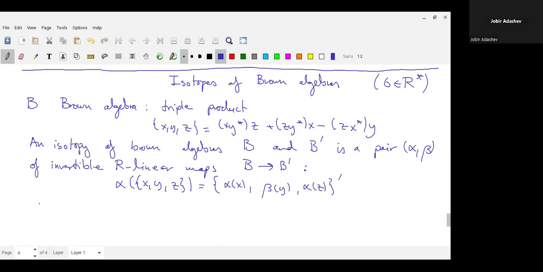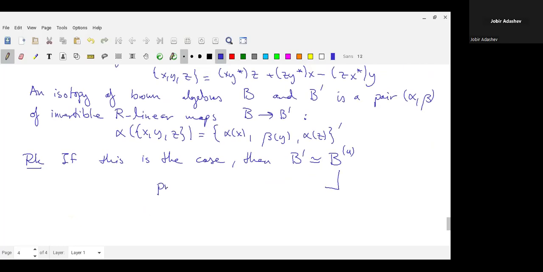And so one remark, as you would have expected if you have worked with isotopes of octonions or Jordan algebras, is that if I have an isotopy from B to B prime, then B prime should be isomorphic to B^U.